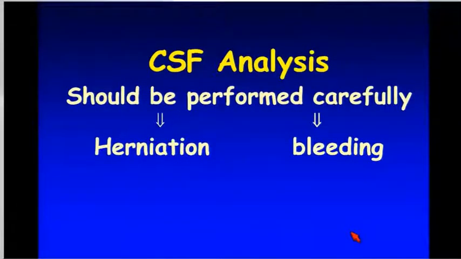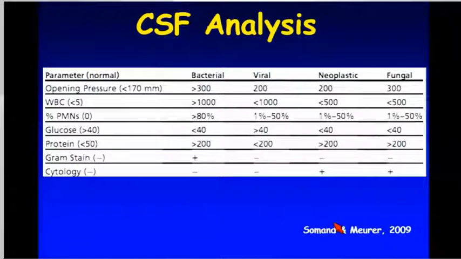So CSF analysis should be performed carefully, but I think on the balance, it's been shown that the risk of herniation, even in the presence of brain infection, swelling, is probably very, very small, whereas the risk of not making the diagnosis is very, very large. So on the balance, I think doing a lumbar puncture with a small needle is recommended if there's any doubt whatsoever.